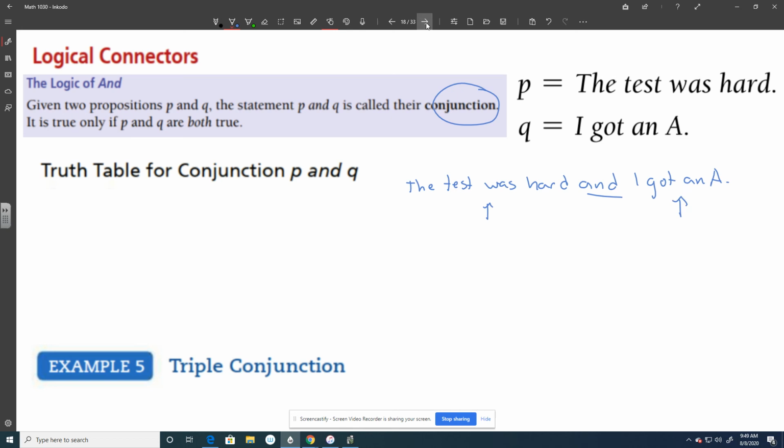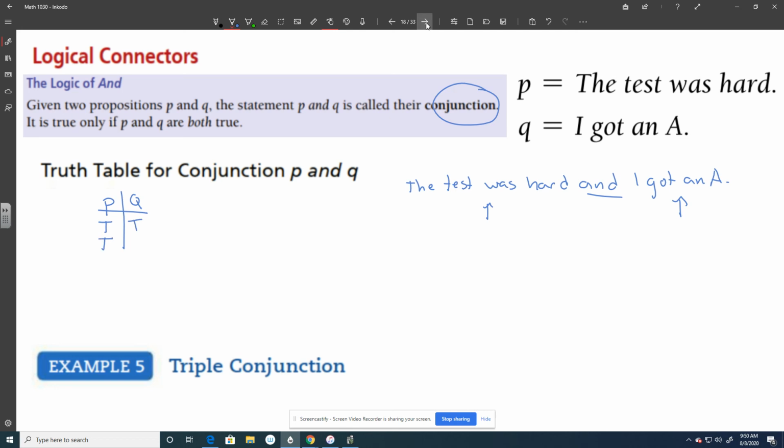So on my truth table, we've got our first proposition P. On the test, our proposition P says that it was hard. So the test could be hard. That could be true. And my second proposition, Q, says that I got an A. So the test could be hard and you could have gotten an A. Those both could be true.